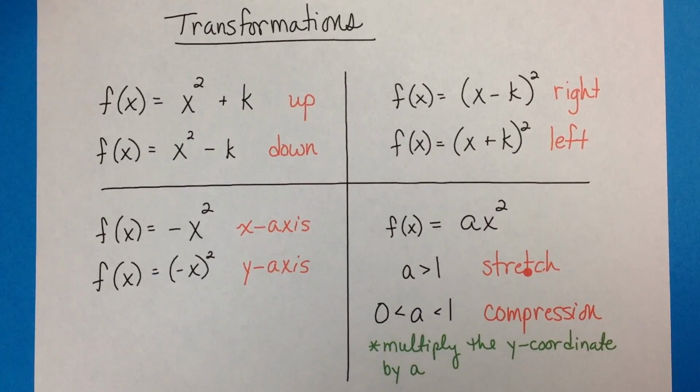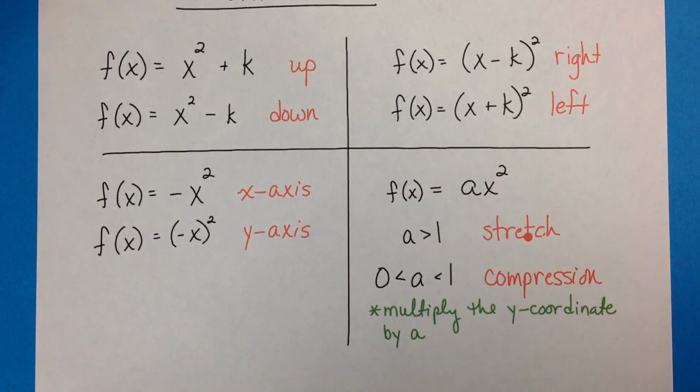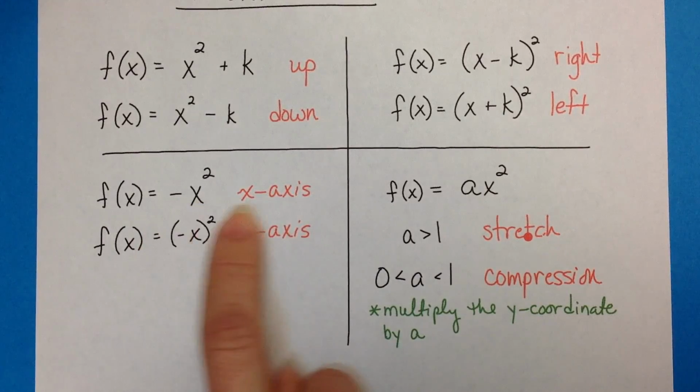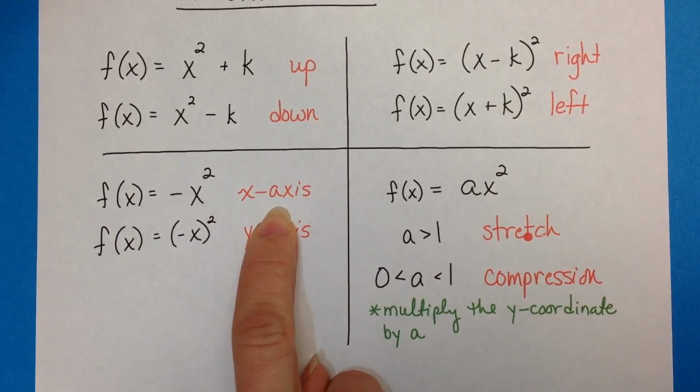Okay, next, in this section, you have reflections. You can reflect your graph about the x-axis and also about the y-axis. That's going to be based on where you have a negative sign located. If your negative is in front of your x squared, then it's reflected about the x-axis.